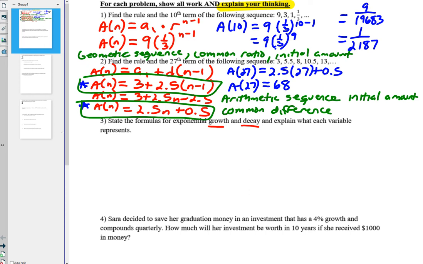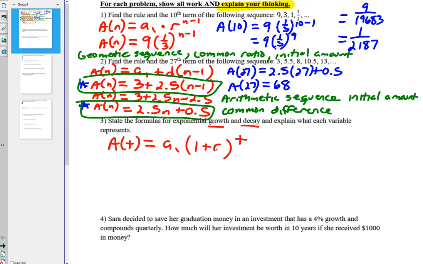But you only have to give me this one. The amount after some time is equal to the initial amount times 1 plus that rate of change to the power of time. Because really, if the rate of change is negative, that just assumes it's a decay.